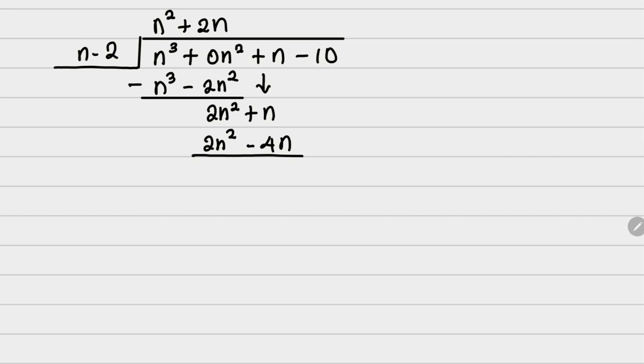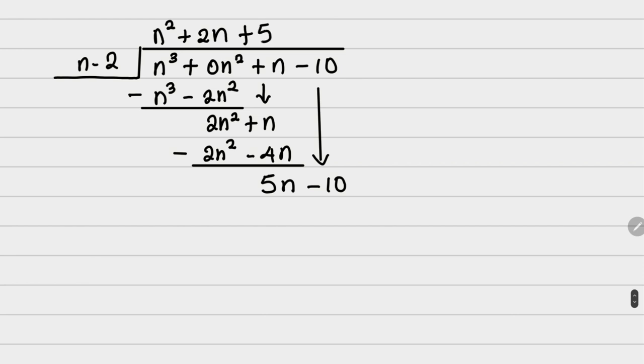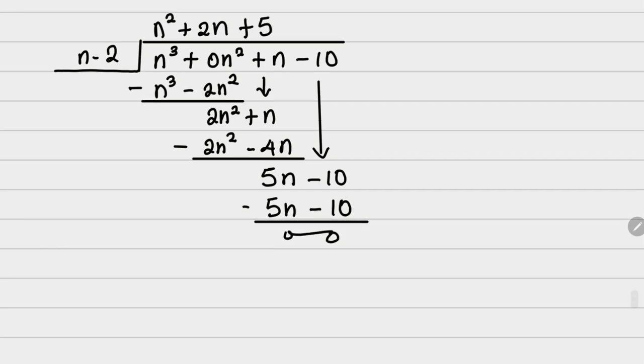Okay, this is what I have. Then I'm going to subtract. Subtracting here is going to be what? 5n. So therefore, I'm going to bring down my minus 10. And what is going to be here will be plus 5. So here I'm going to have 5 and minus 10. So subtracting, I'm going to have 0. So everything is 0.